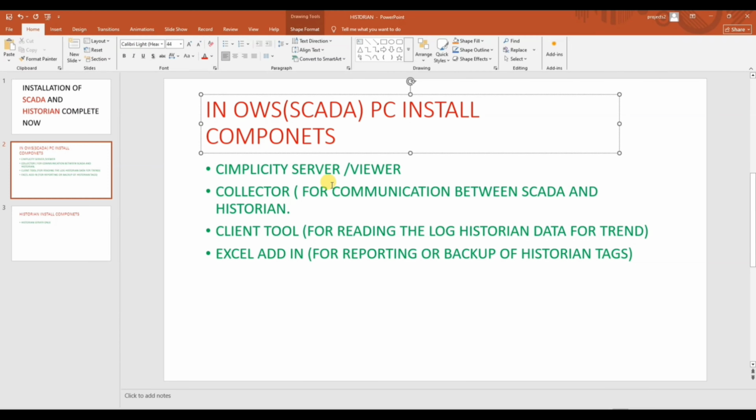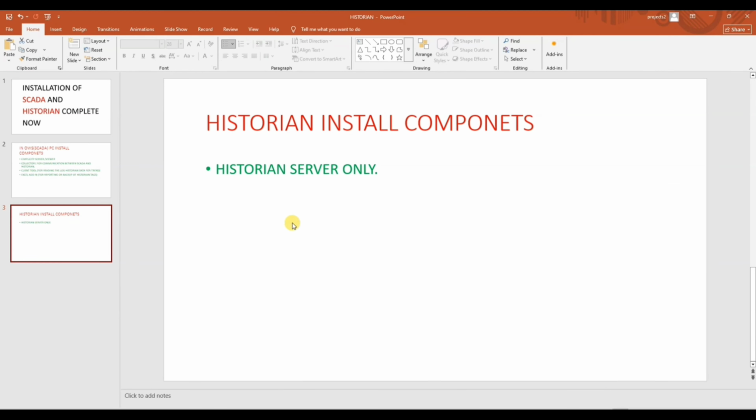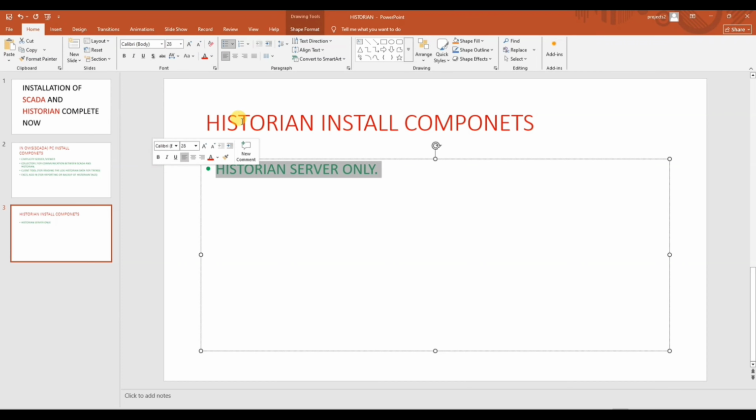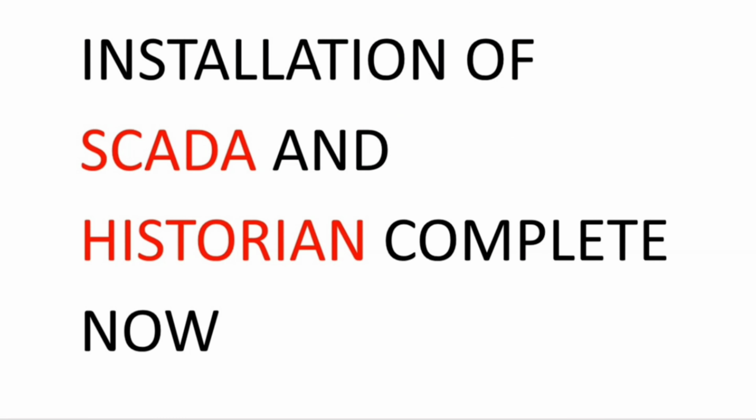We are installing in Simplicity first, then install collector. After that, we are installing client, and in the end, we are installing the Excel add-in of Historian setup. And on the Historian system, we are installing only the Historian server setup.